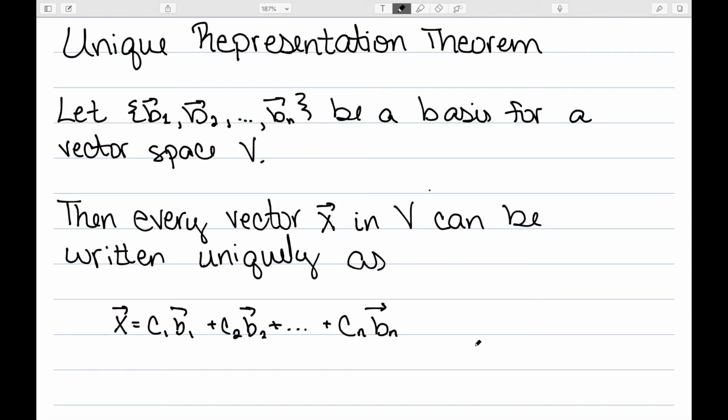We know we can do this for every vector and that it's unique. The fact that we can do this for every vector comes from the fact that the basis must span the vector space. So that tells me that every vector can be written as a linear combination. The fact that it can be written uniquely comes from the fact that a basis is also linearly independent, which tells me that not only does this exist, but it is unique.